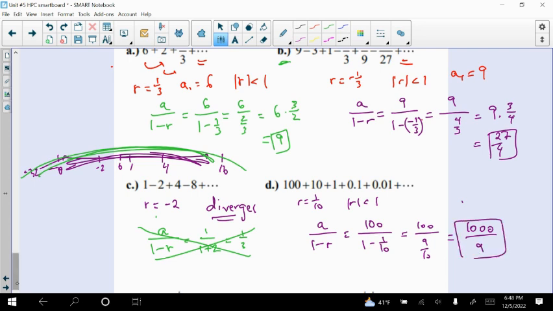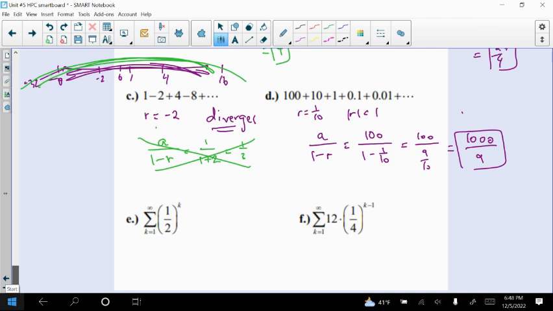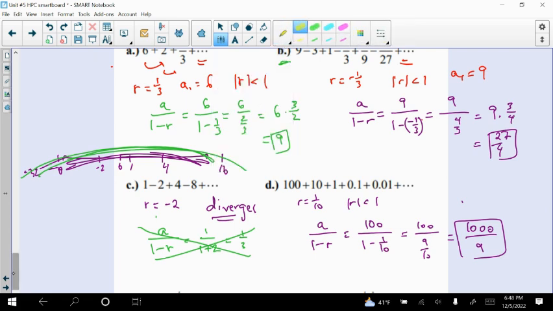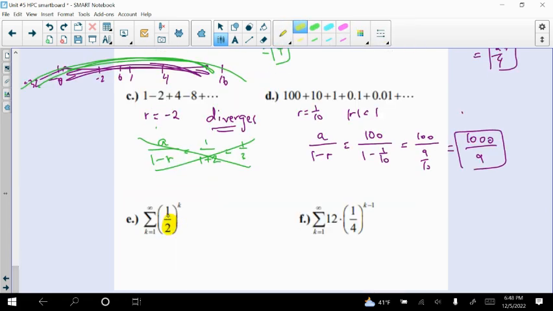Okay. And then I know there's two more examples, part E and part F. You could certainly pause the video and try them. These are given in sigma notation, and when you're given sigma notation, it's very easy to see. I think they're geometric because you can see what kind of function, and you can see your ratio, 1/2 to the k, 1/4 to the k minus 1.